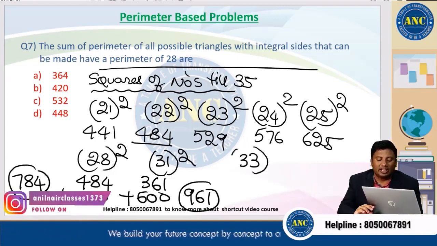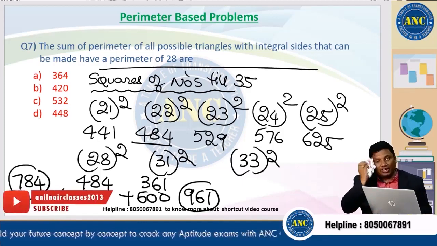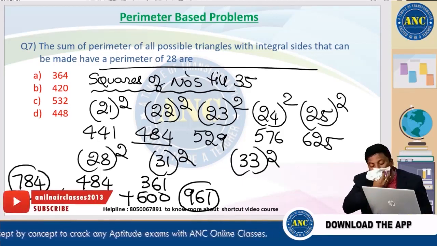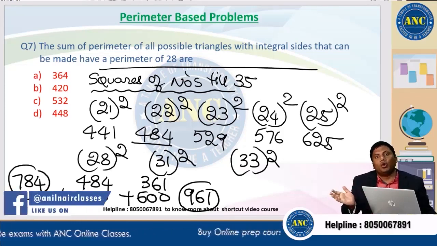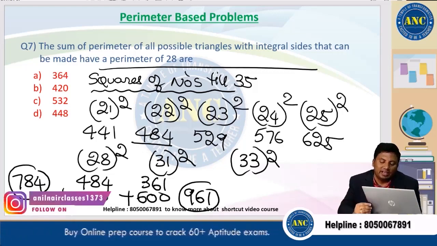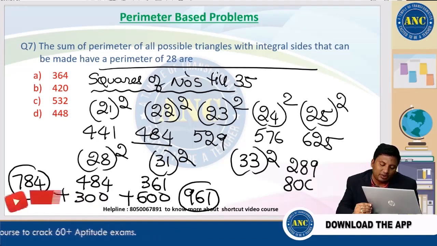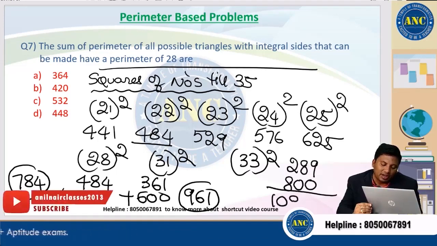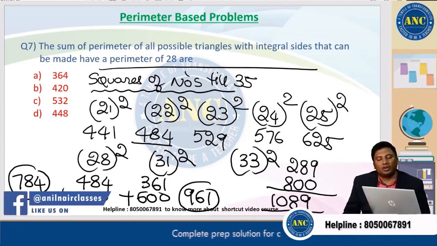If it is 33 square, 33 is 8 units greater than 25. Go 8 units back. 25 minus 8 is 17. 17 square is 289. Because it is 8 units, add 800. So the answer is 1089.